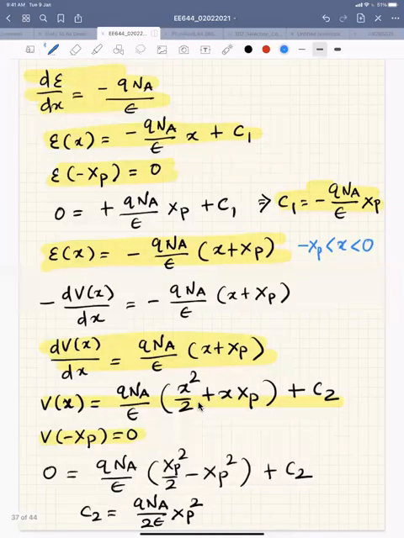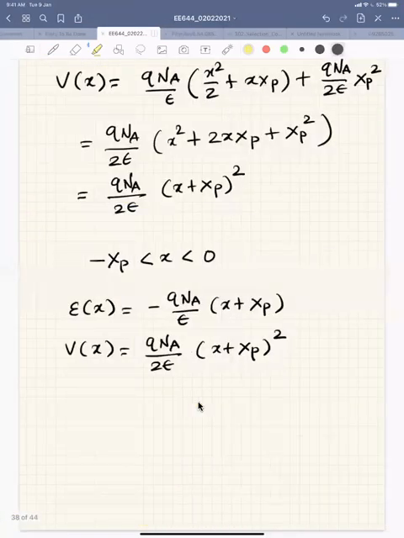This is the boundary condition: the potential at minus xp equal to 0. If I do that, I'll find the constant c2, and then my V of x will be q na divided by 2 epsilon times x plus xp whole square.